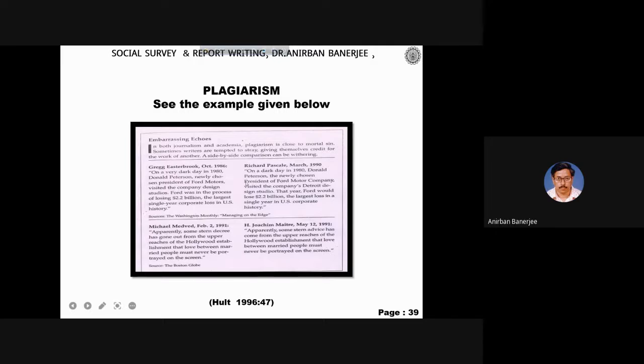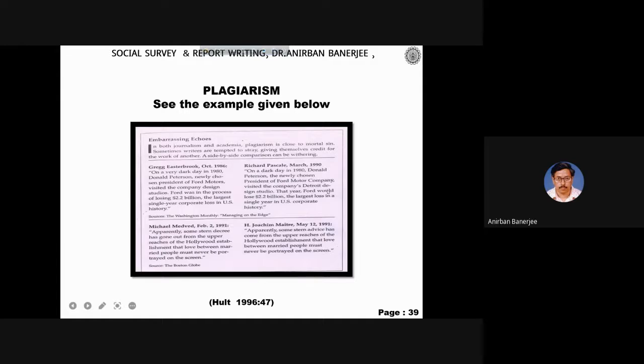Now, this is Richard Pascal, March 1990: On a dark day in 1980, Donald Peterson, the newly chosen president of Ford Motor Company, visited the company's Detroit design studio.